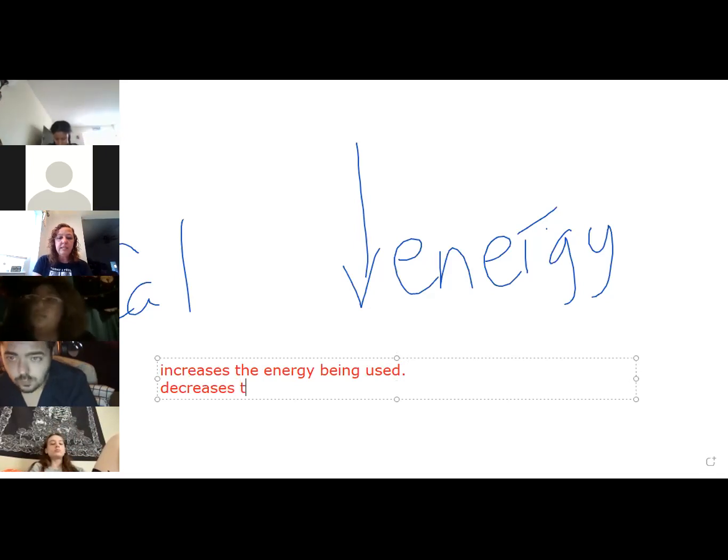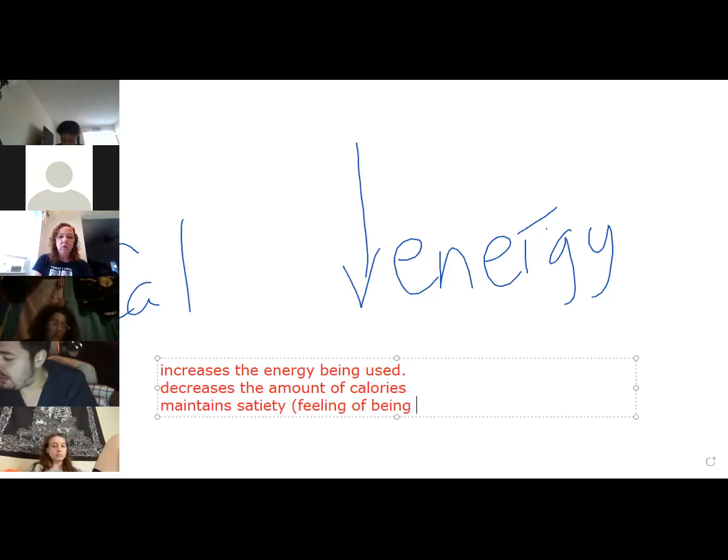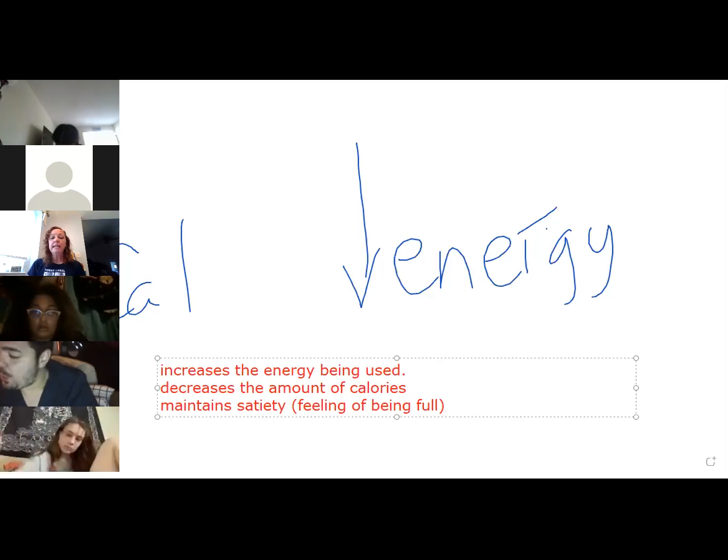It decreases the amount of calories coming in, and it maintains satiety, or the feeling of being full. Because the longer this stuff sits in the small intestines, the longer your brain gets the message, don't bring any more, don't bring any more, don't bring any more.